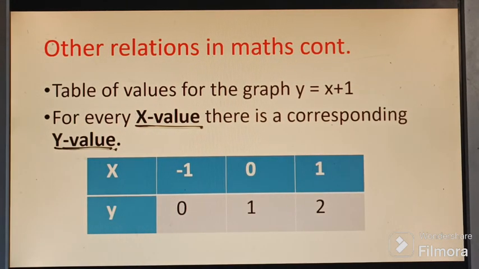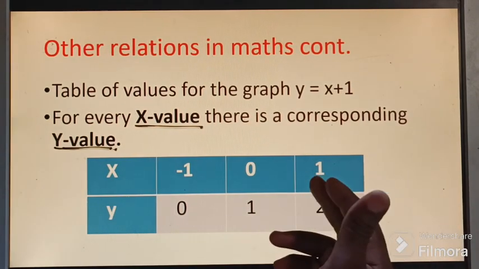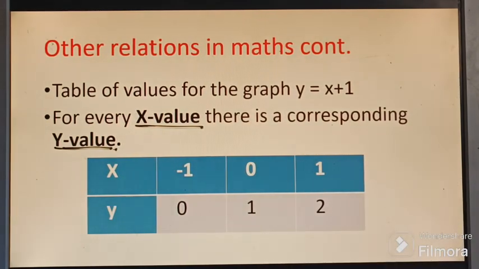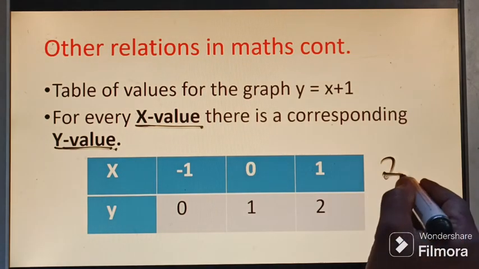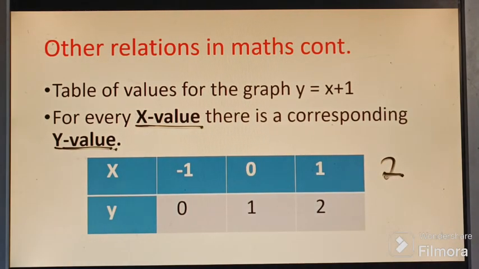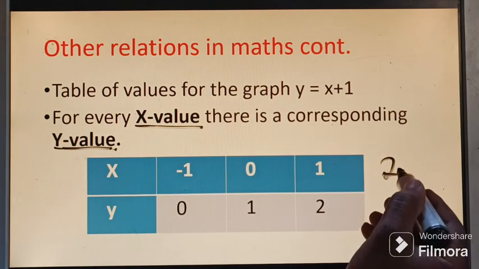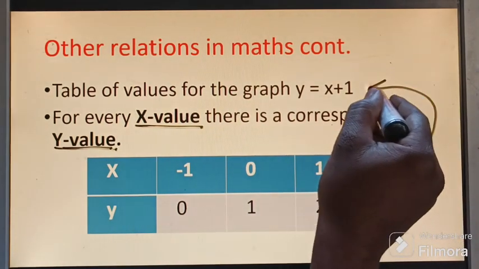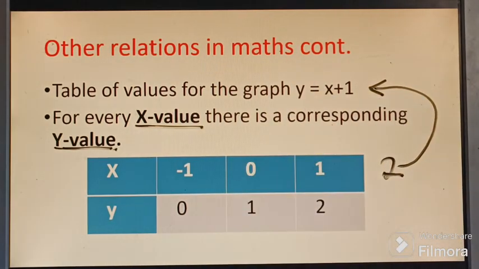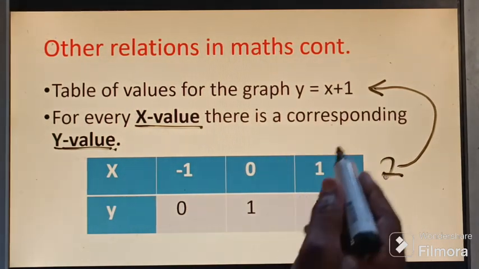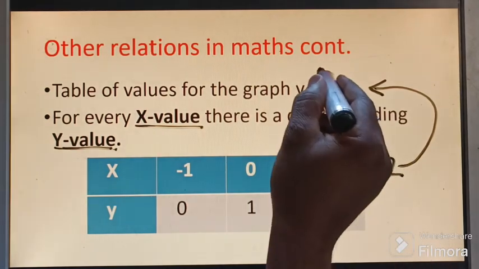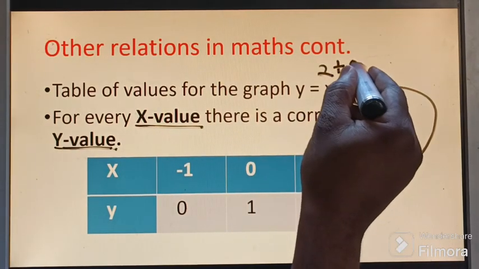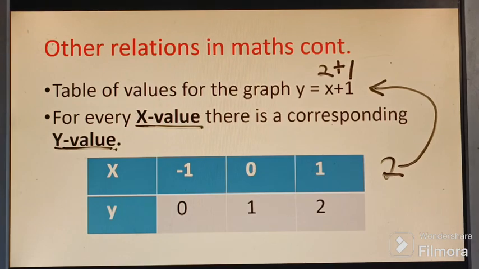So as you can see, if, for example, x is 2, how are we going to find y? If we input this into our equation, what are we going to find? If we put 2 there, 2 plus 1, y becomes 3.